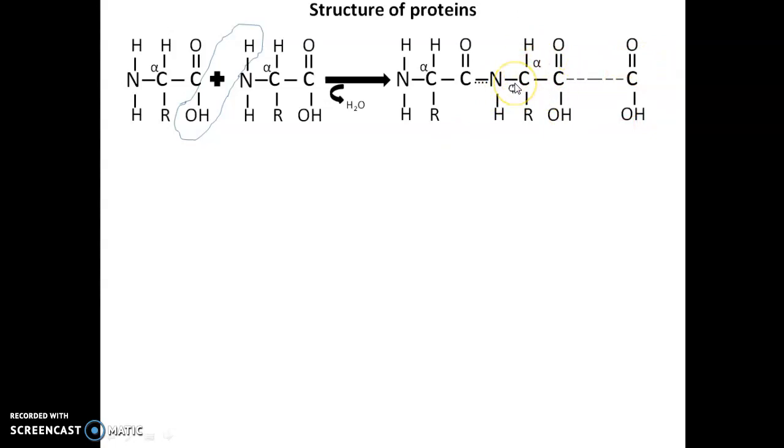The angle between N and C alpha is represented by phi, while the angle between carbon and carbon alpha is represented by psi. The degree of rotation of both angles is from minus 180 to plus 180. These are the main angles which give rise to different conformations of protein due to their motion, or rotation around these angles.